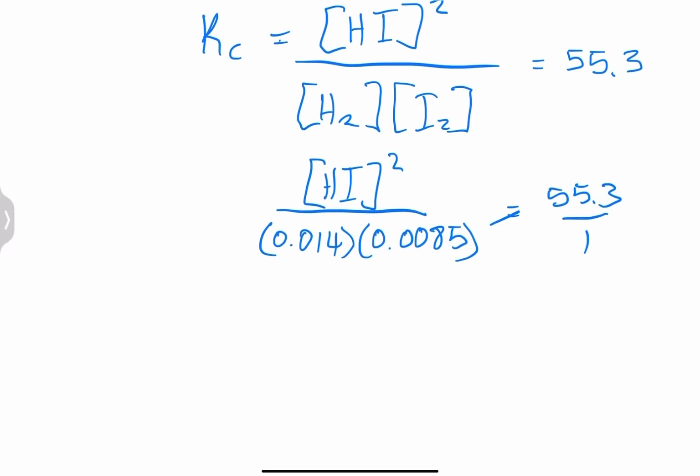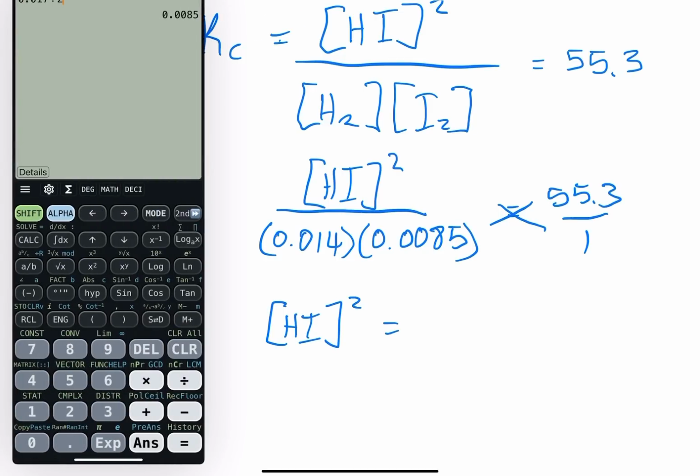So all we're going to do is cross multiply. HI squared would simply be HI squared times 1. Now we're multiplying that whole thing there, so that's 0.085 multiplied by 0.014 multiplied by 55.3, and that gives us 0.0606807.